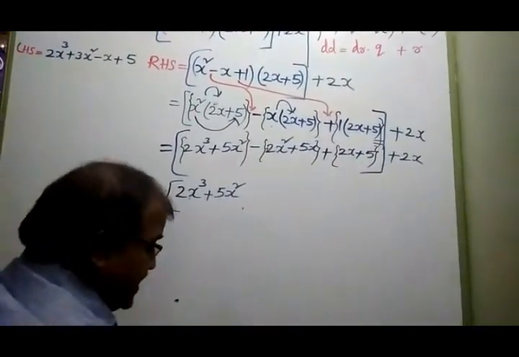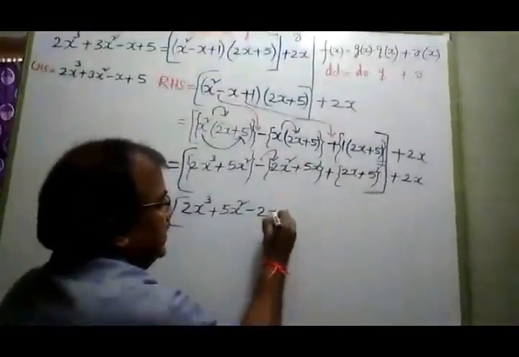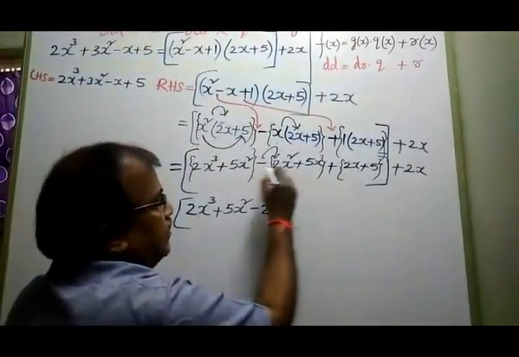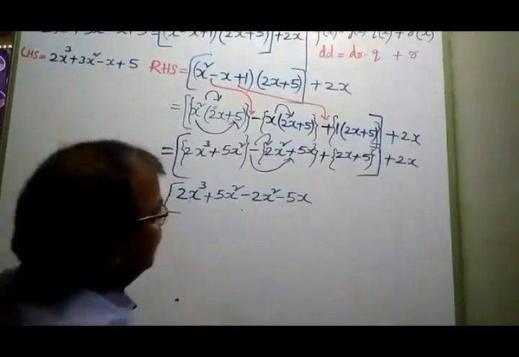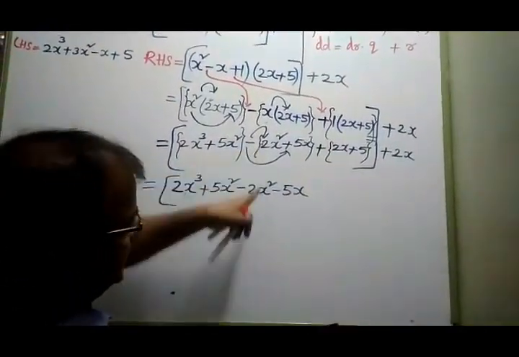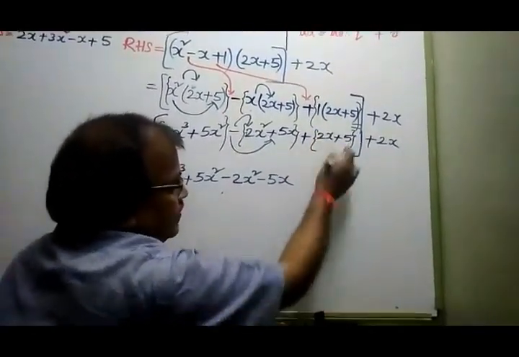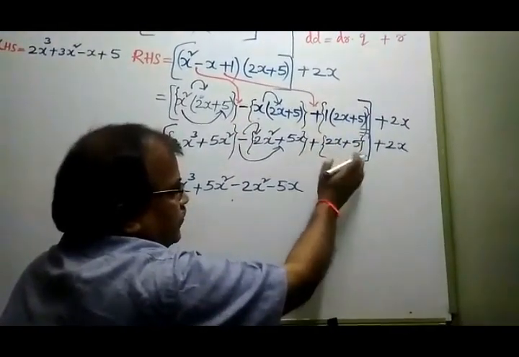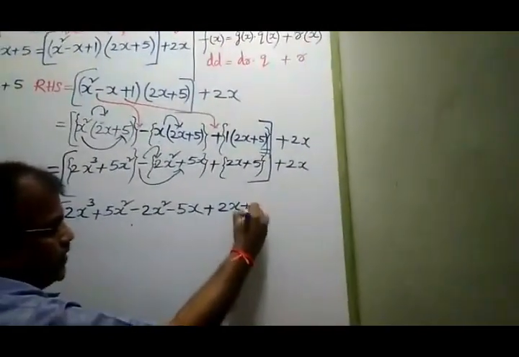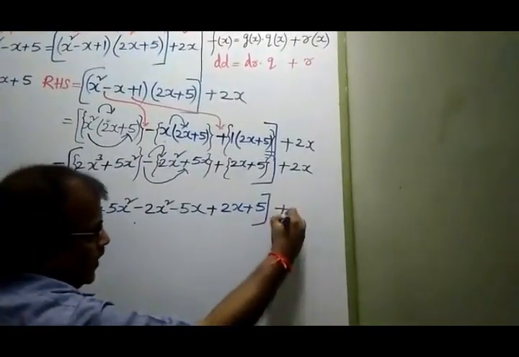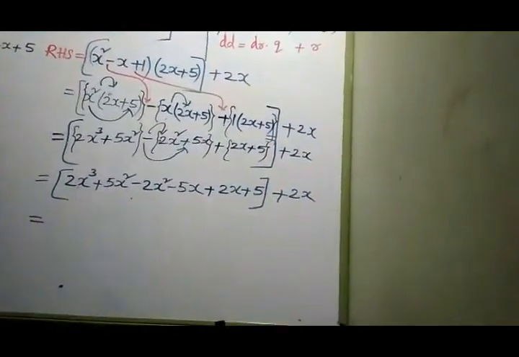Because of this minus, this plus becomes minus 2x square, and this plus becomes minus 5x. In front of 2x plus 5 plus is there, so as it is you can break: 2x plus 5 plus 2x.